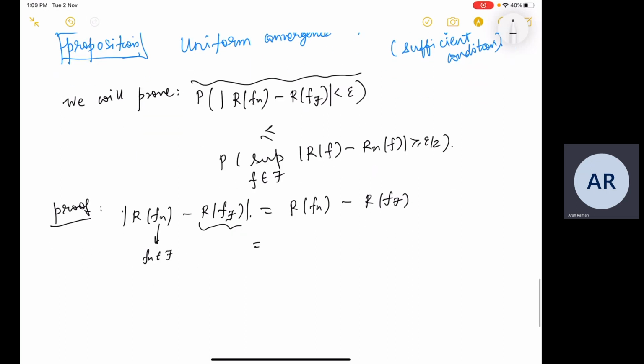Now we do some addition and subtraction because we want to introduce the empirical error here. The right hand side has an empirical error term and the left hand side does not have any, so we will bring in the empirical error term.